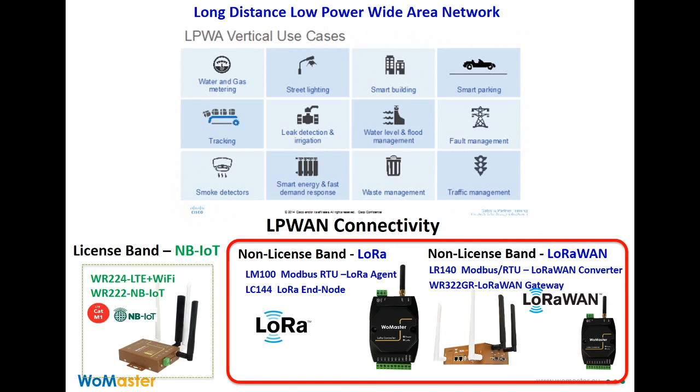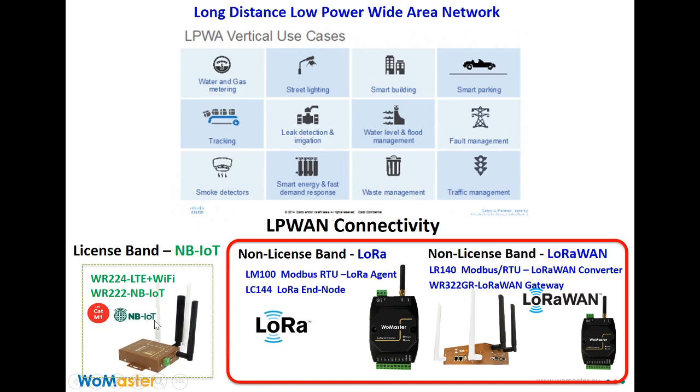They are located in a wide range and distributed area with small data size. In this case, WoMaster provides LPWAN connectivity with different models. There are NB-IoT, LoRa, and LoRaWAN options related to the real usage.